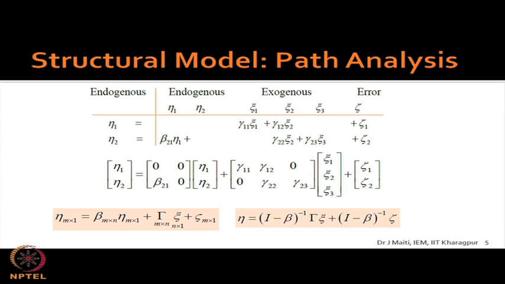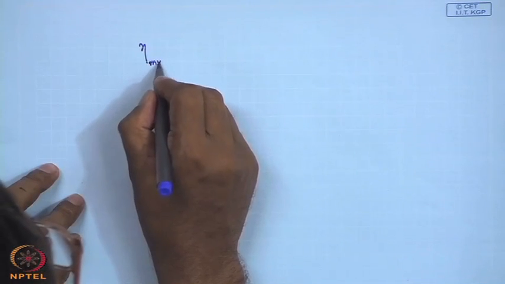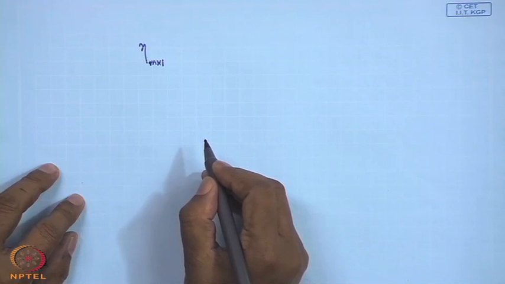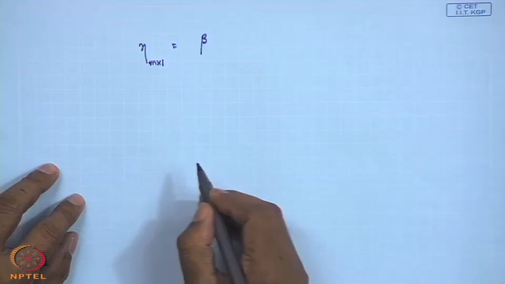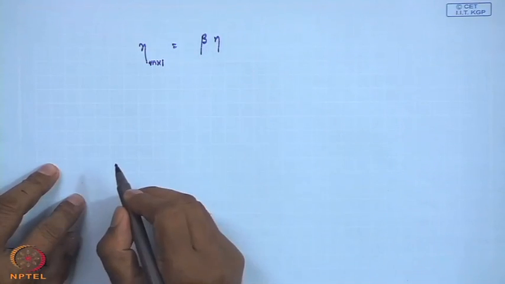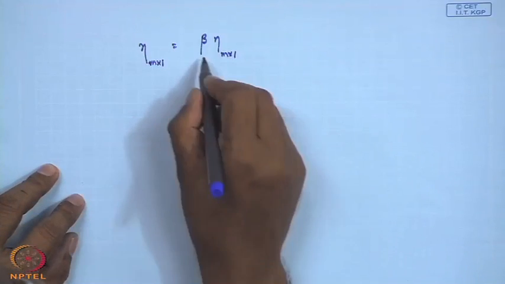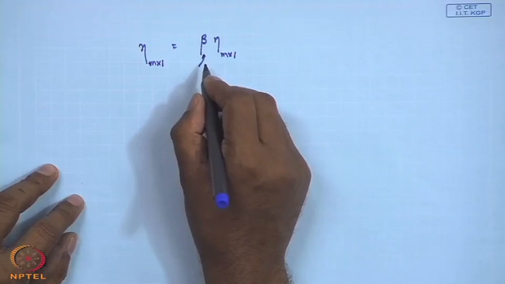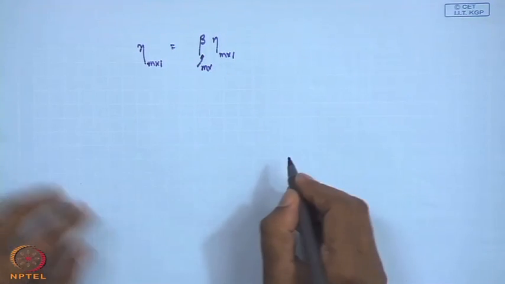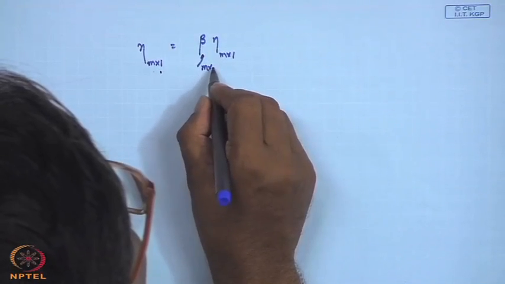The general equation will be like this: eta, how many etas are there? We have considered eta to be m cross 1. This can be affected by other etas, m cross 1, and then this beta will be m cross m.